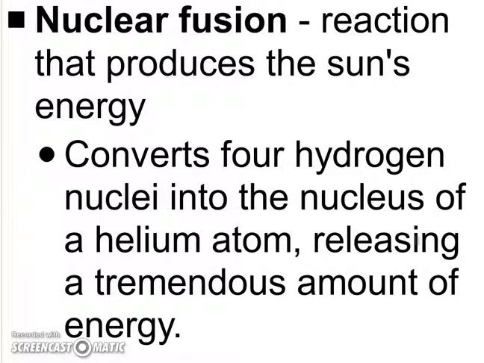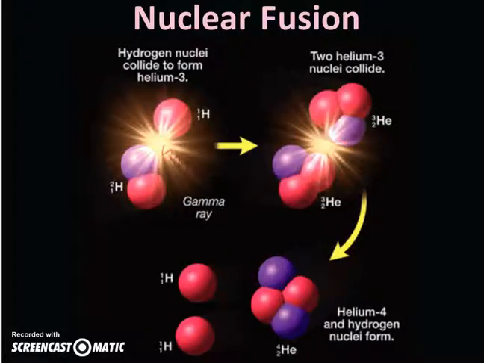So to get from one side to the other, it's a tremendous amount of energy. So nuclear fusion, just so you're clear, we have hydrogens come together. They will collide, and when they do, you get some helium. So hydrogens coming together, you get helium.